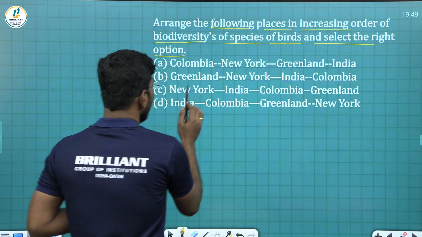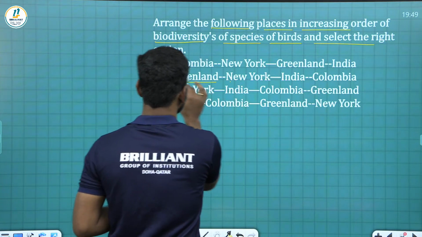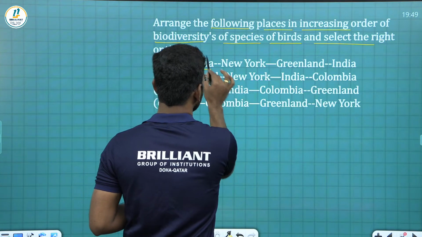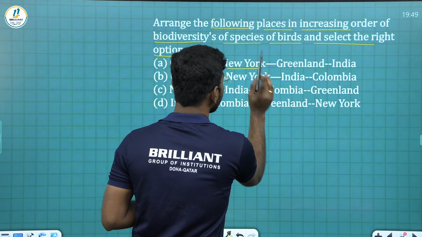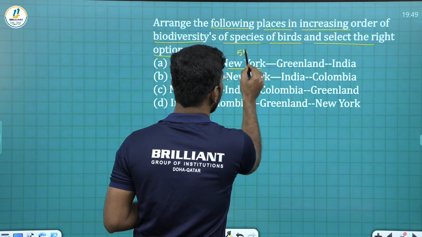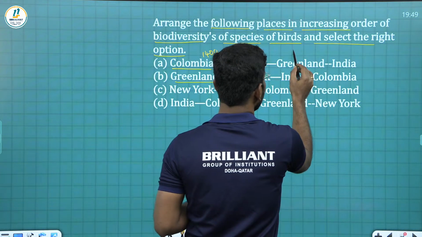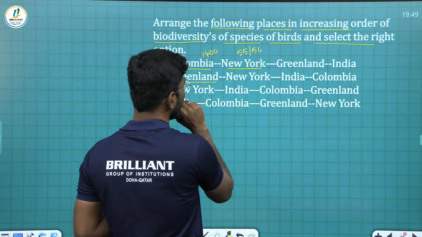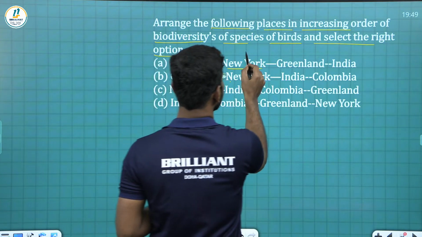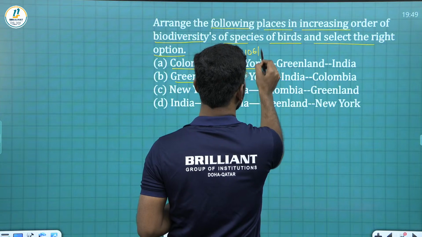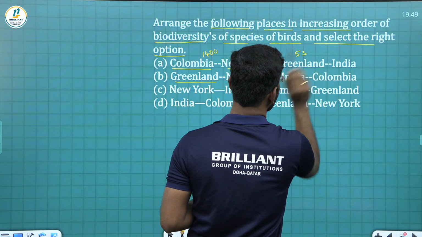Now, we know Greenland, Colombia, do you remember 1,400 species? New York, if I am not wrong, is about 105 or 106 species of birds. Greenland is 55 or 56.